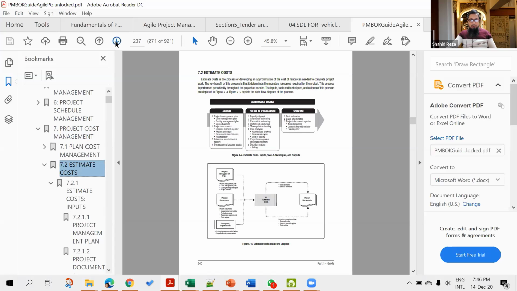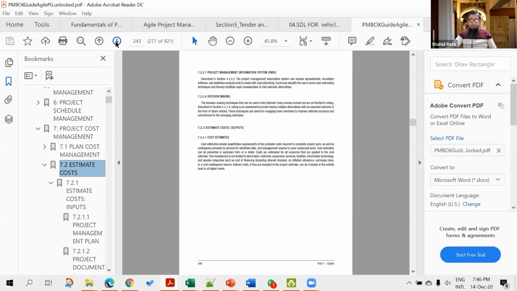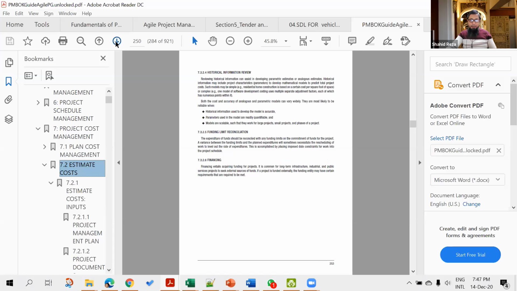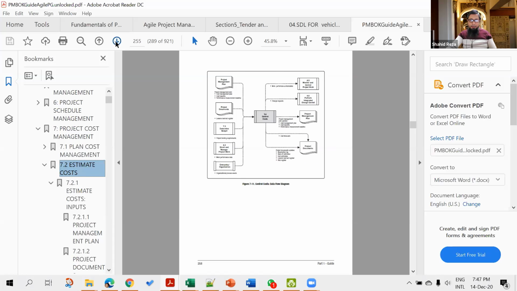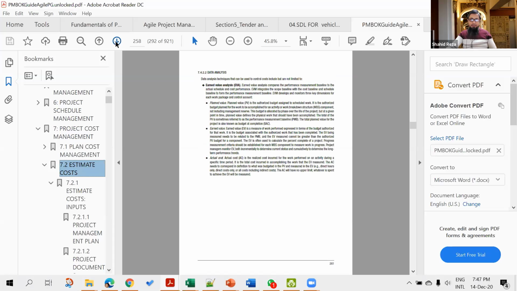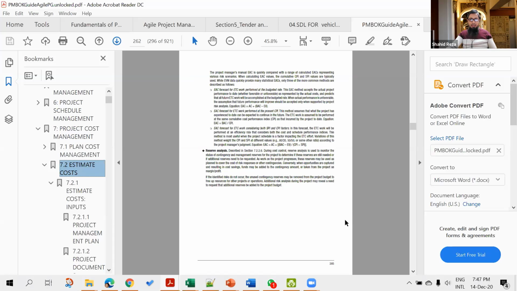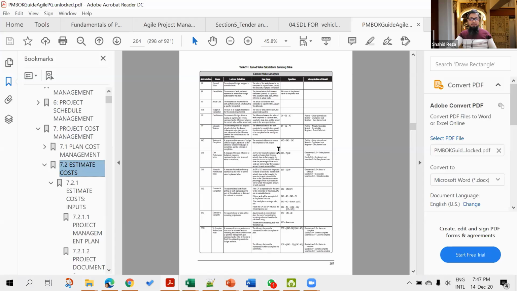All right, so let me go to that page. Yeah, this is the page 267. Very important for exam. So there are 13 formulas, and at the right column, you will get some interpretation.